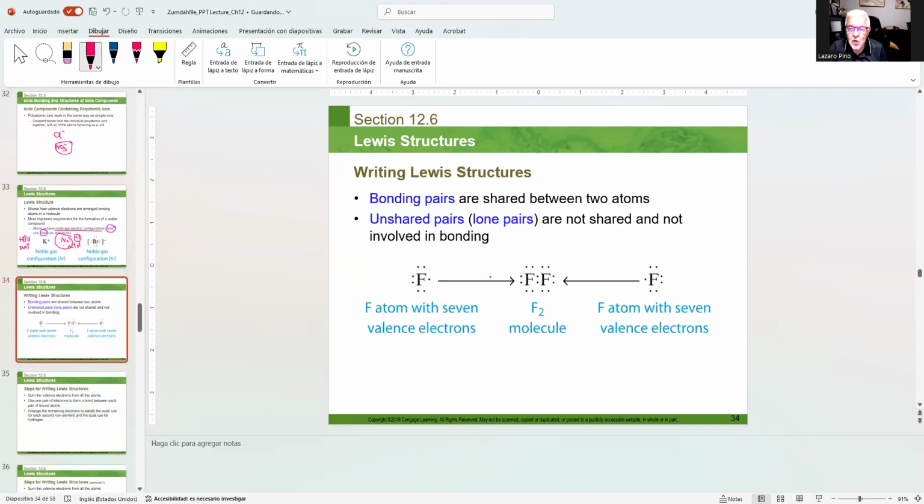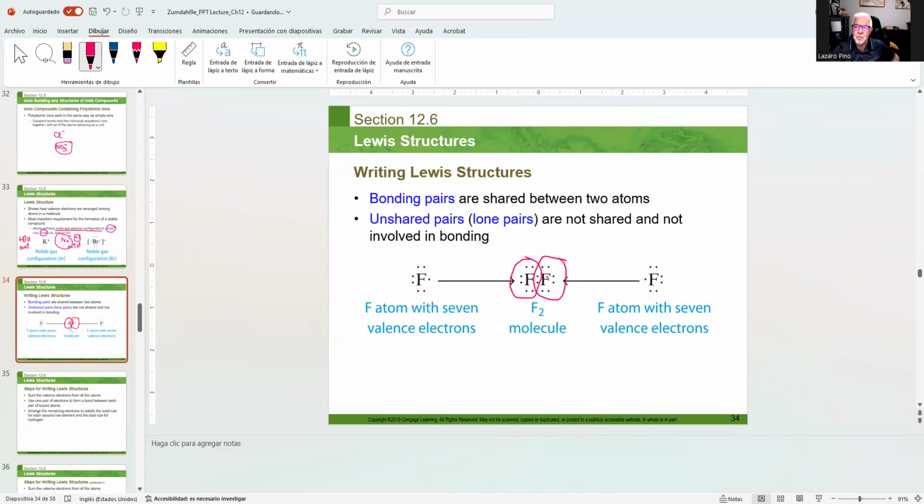For example, fluorine. What's going on with fluorine? Fluorine needs 1 electron. When fluorine combines with another atom of fluorine, this atom gets 8 electrons, but this atom also gets 8 electrons.